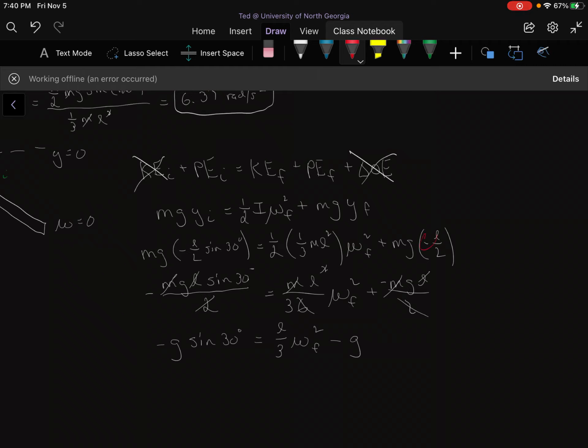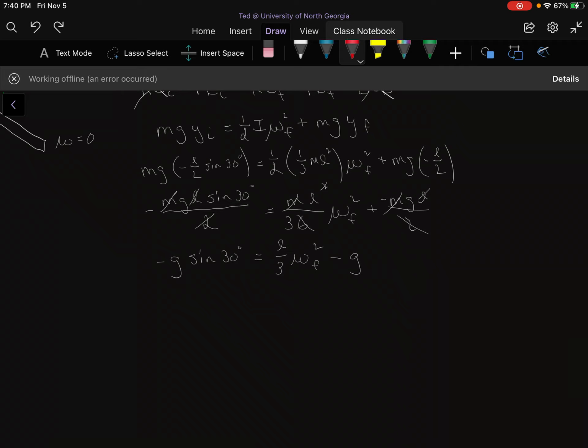See, I had a minus sign here, and I didn't have a minus sign there. And so that was an algebra mistake, but I caught it, luckily. All right. Still needing to get down to finding omega. So I'm going to add g to both sides, and I get g minus g sine theta, added g to both sides, was equal to L over 3 omega final squared.